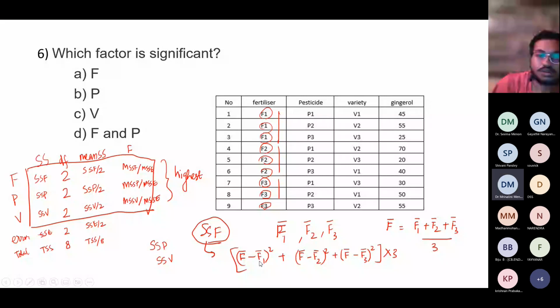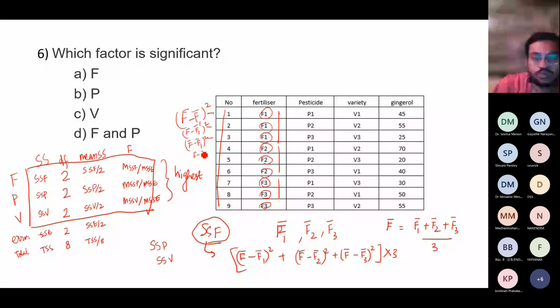Okay, so for sum of squares, we need to calculate it for all the data points again. But in the first 3 cases, what we are doing is F minus F1 mean whole square. Here again, F minus F1 mean whole square, and again F minus F1 mean whole square. Then F minus F2 mean whole square and so on, and we add them up.